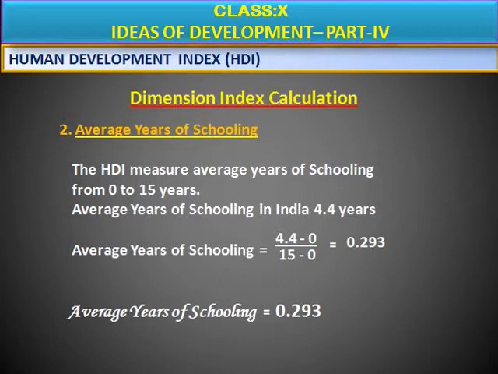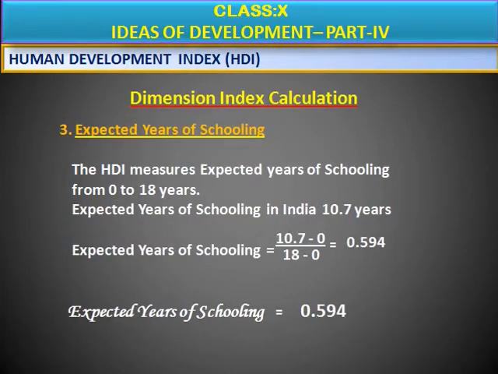Average years of schooling is equal to India's average years of schooling, 4.4, minus the minimum average years of schooling, 0, divided by the maximum average years of schooling, 15, minus the minimum, 0. After calculation, average years of schooling is 0.293.